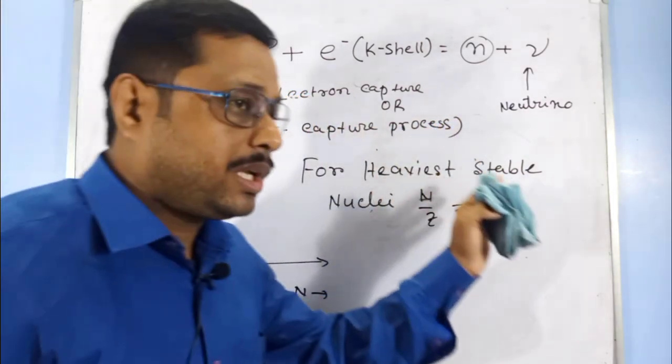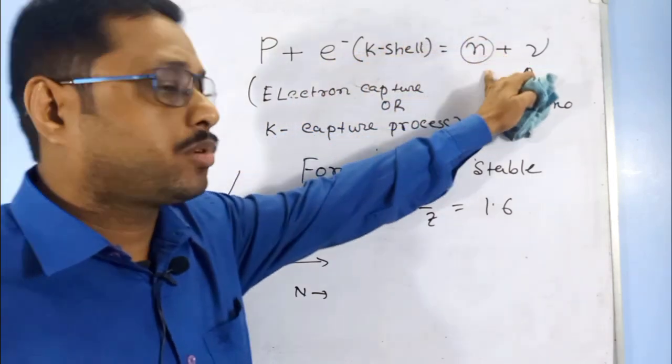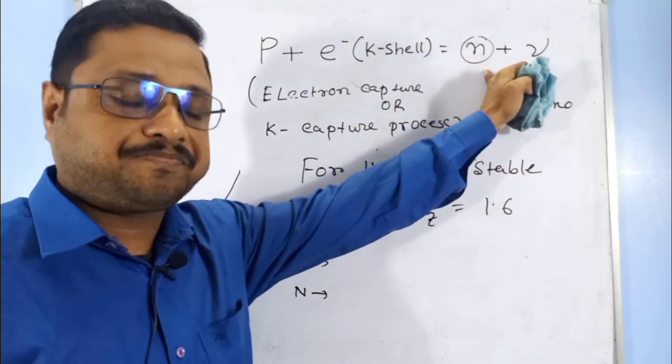So for a heavier nucleus, when a proton transforms into a neutron, it becomes stable.